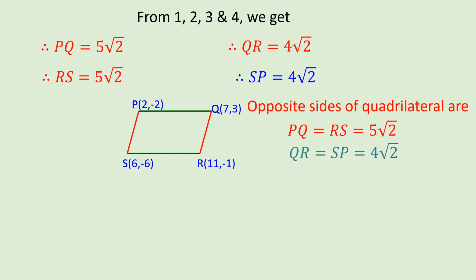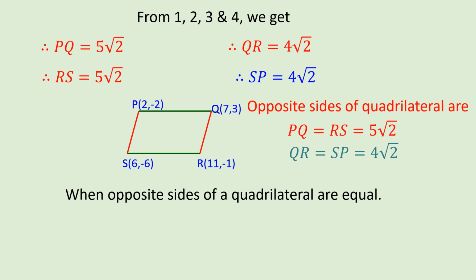Similarly, QR equals SP equals 4 root 2. We have got both pairs of opposite sides equal. Therefore, when the opposite sides of a quadrilateral are equal, the quadrilateral is a parallelogram.